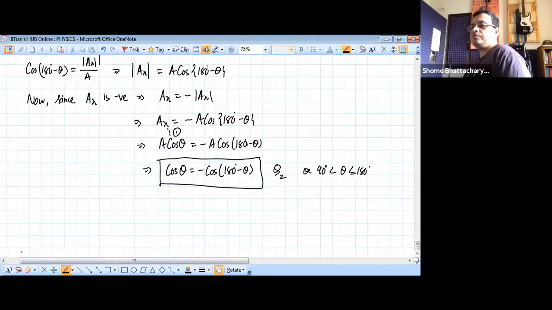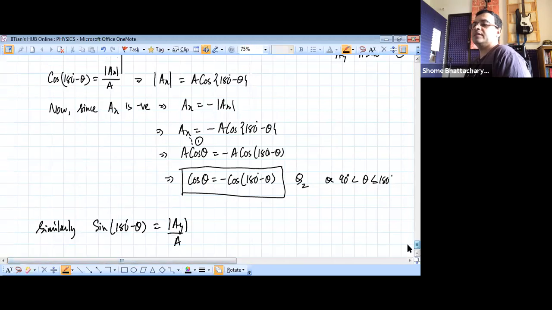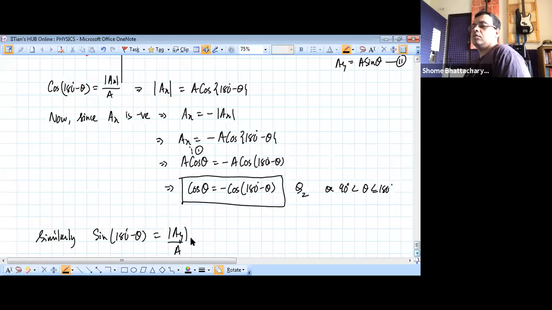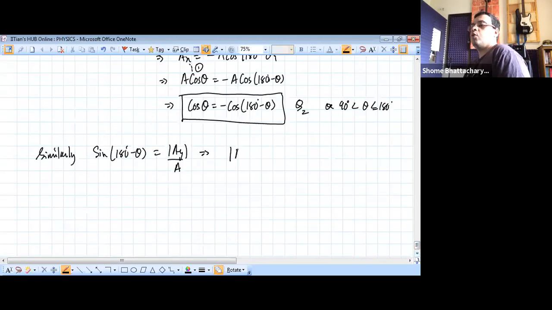Similarly, in that triangle, sine of that angle, sine of 180 minus theta is perpendicular upon hypotenuse. Now the perpendicular is the length of that side. So the length of this side here, you can see it is EY only. This side is the same as this. Okay. So from this we are getting mod of EY is E sine 180 minus theta.